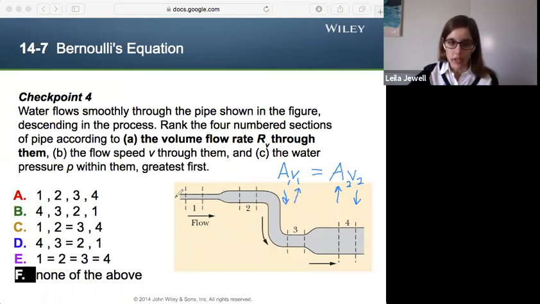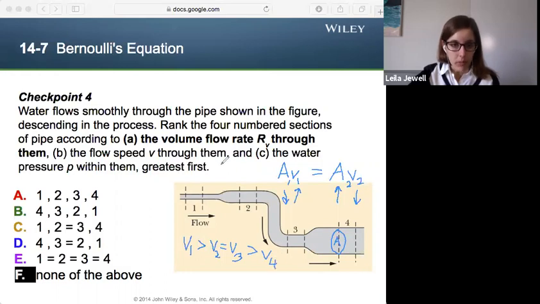So notice 1 is the smallest area, so it's going to be the biggest speed, right? 2 and 3 have equal cross-sectional areas. So those are going to be equal speeds. The area hasn't changed, so the speed hasn't changed either. And then section 4 has the biggest cross-sectional area. We imagine drawing that in there. And so it's going to have the very smallest velocity.